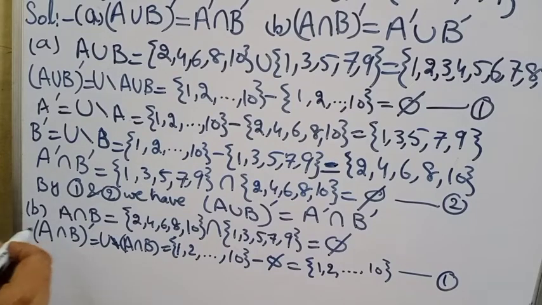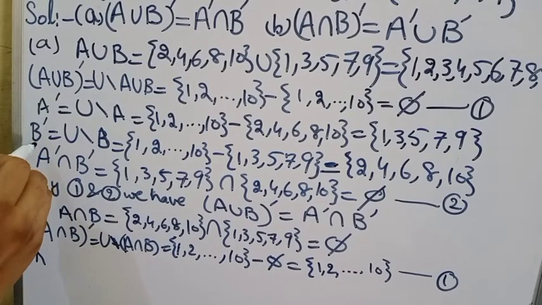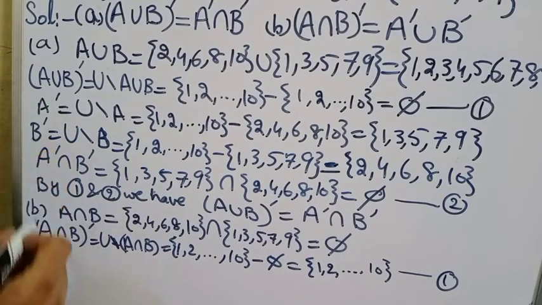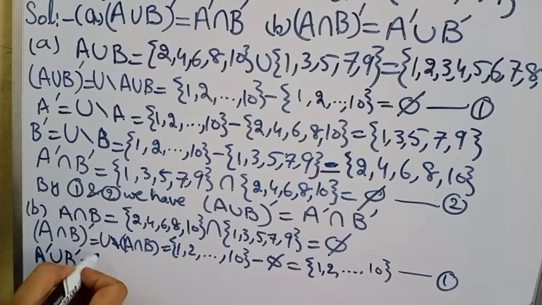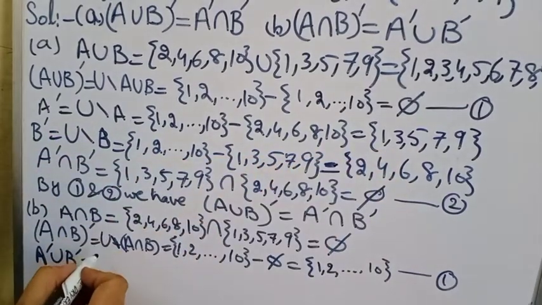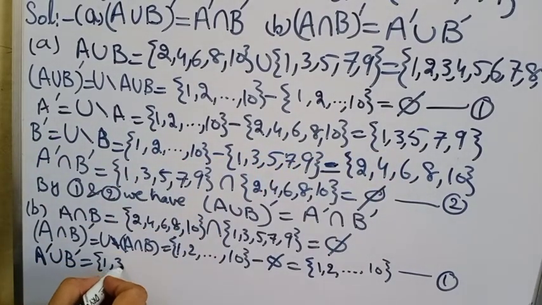Next, we have to find A complement union B complement. We observe that here are elements 1, 3, 5, 7 and 9.